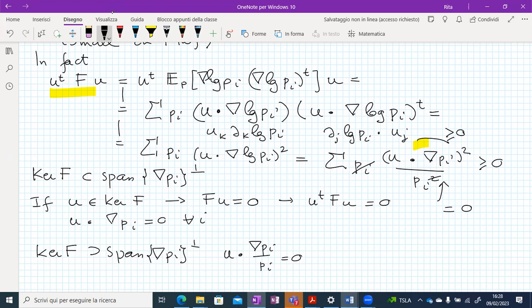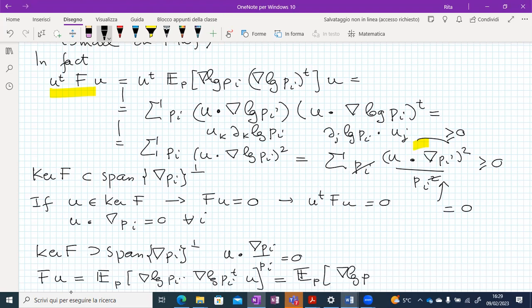This means in particular that if I take F u, this is the expected value of the gradient of the logarithm of P times u, and this is 0.